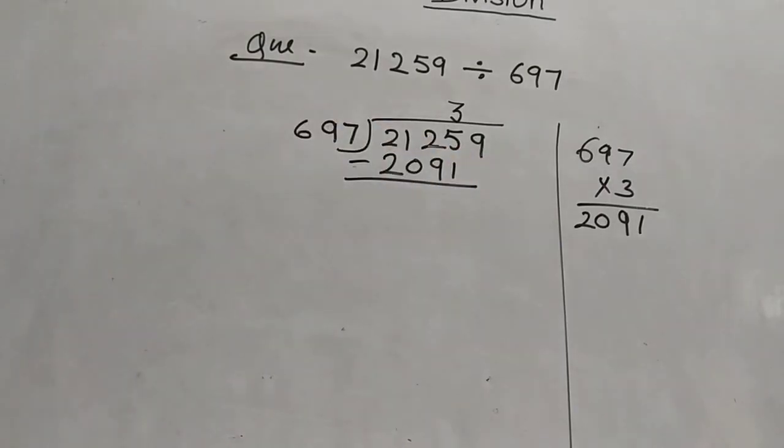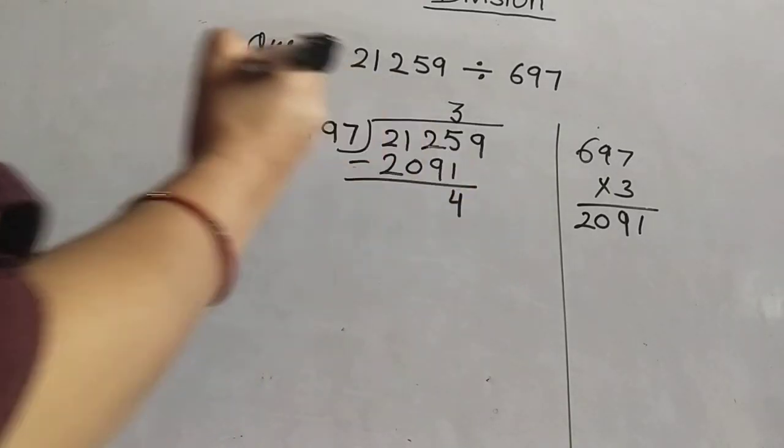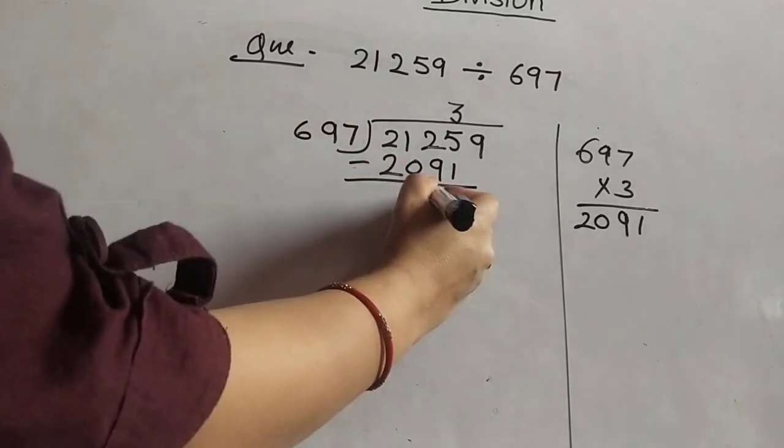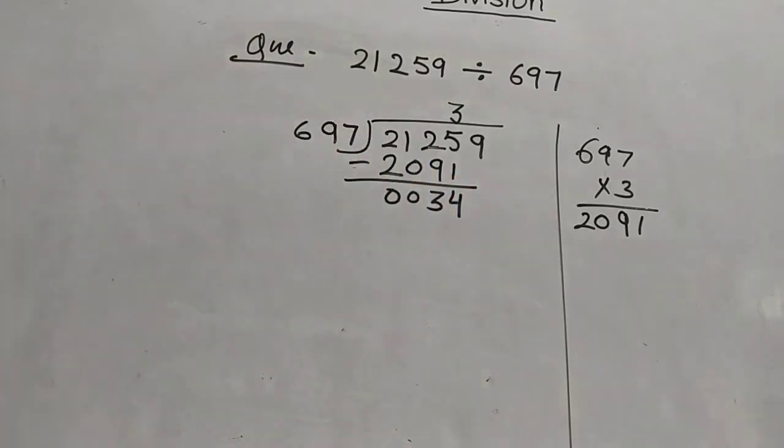Let's subtract it. 5 minus 1, 4. 12 minus 9, 3, and here 0 and 0.